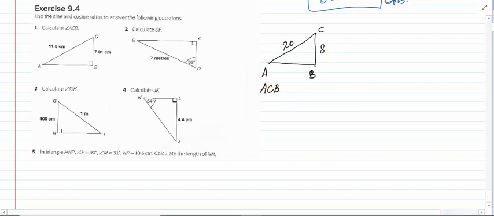Remember that the alphabet written in between the 2 letters is basically the angle. So in this case, angle C is unknown, so I am going to mark X here. Now the data.